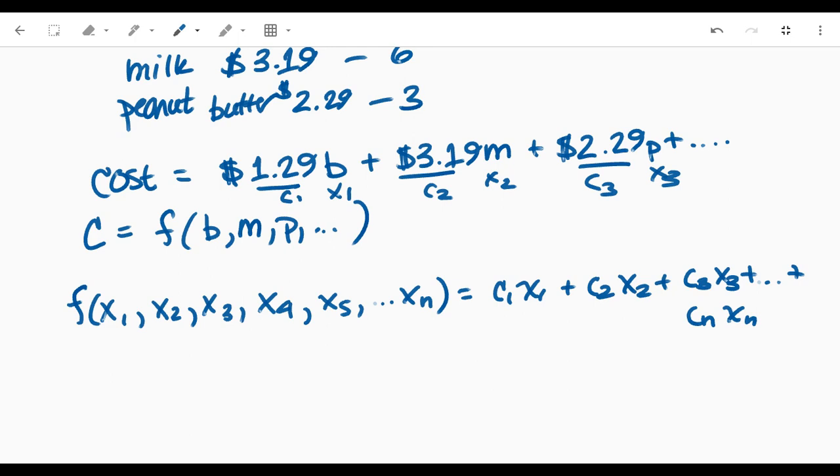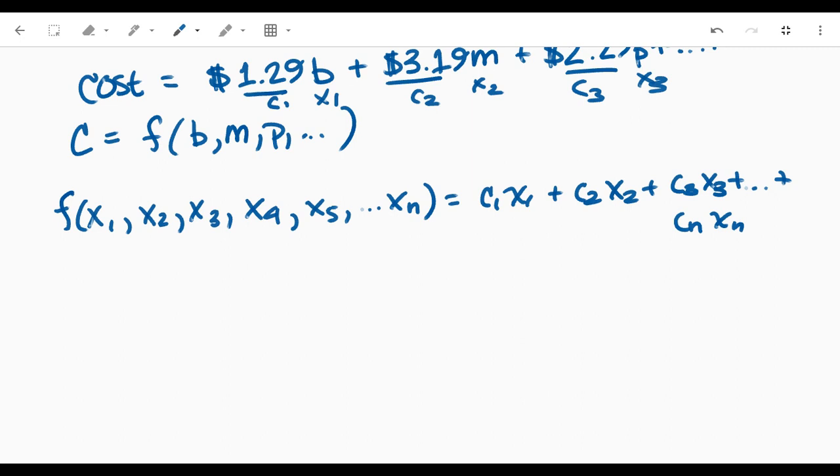And what you see here brings you back to our vectors. We can have a cost vector and a supplies, or whatever we want to call it, the product vector, which has all your variables in it.